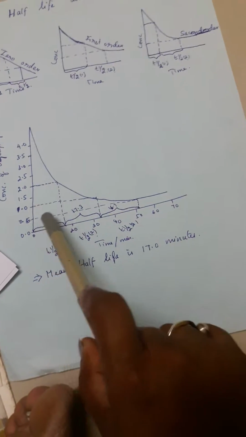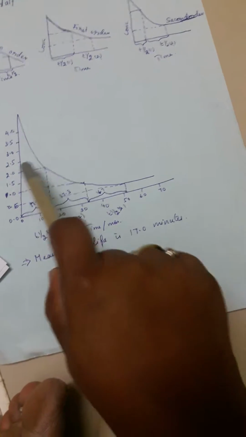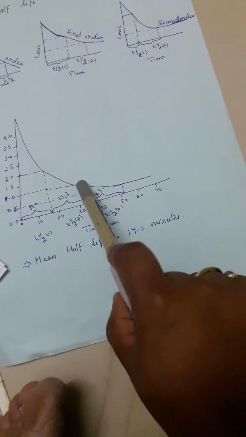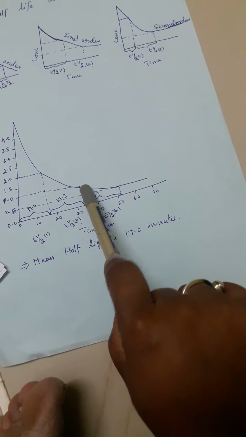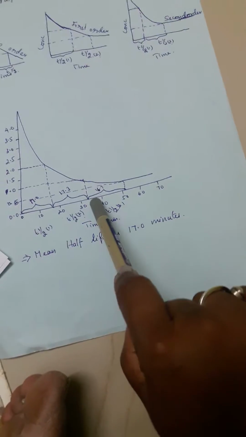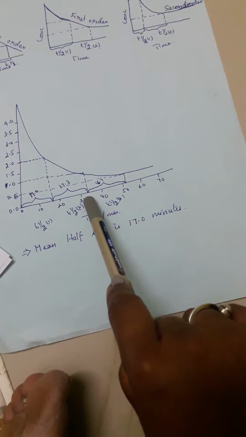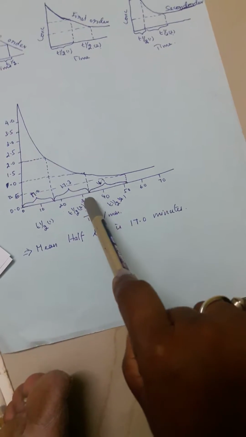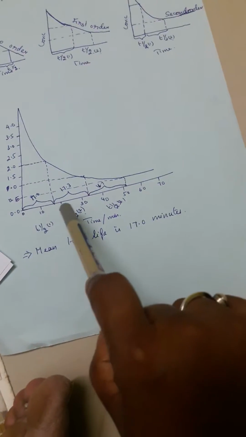So like that, if you see the T half values, when the concentration reaches 1, it takes time till 34.3. So if you subtract 34.3 minus 17, you will get 17.3.